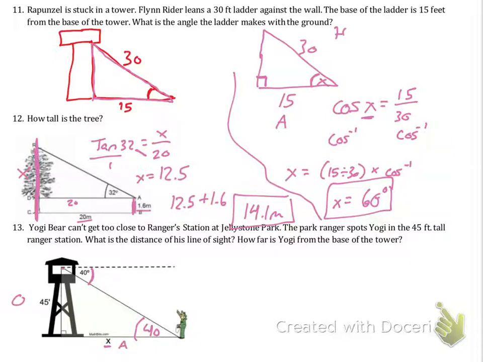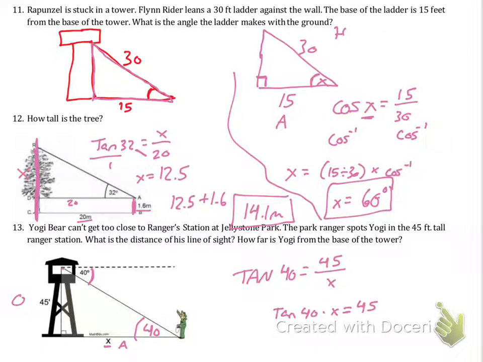So then again, we would use tan. So tan 40 is equal to the opposite, which is 45 feet, over the adjacent, which is x. Cross multiply, so tan 40 times x is equal to 45.